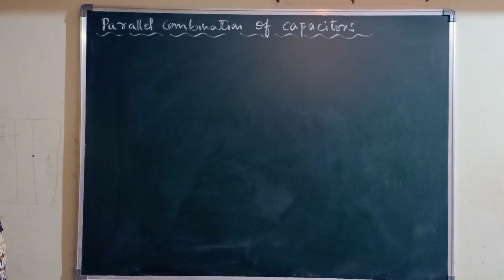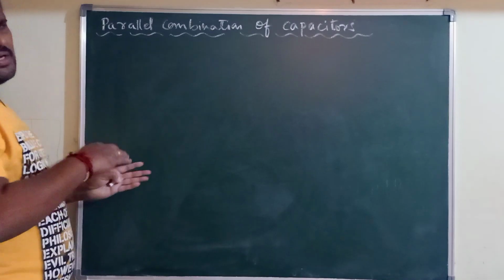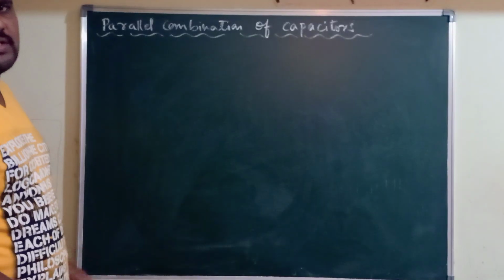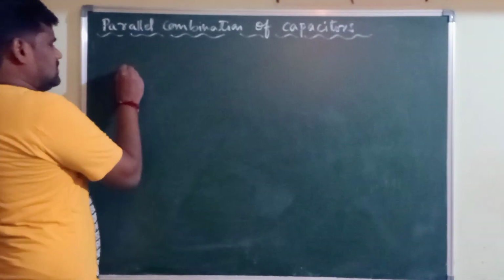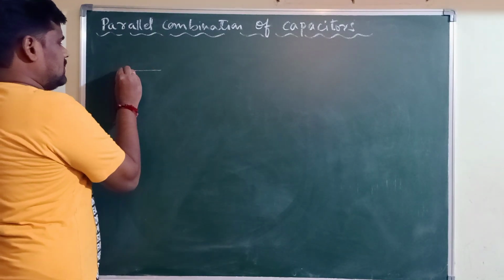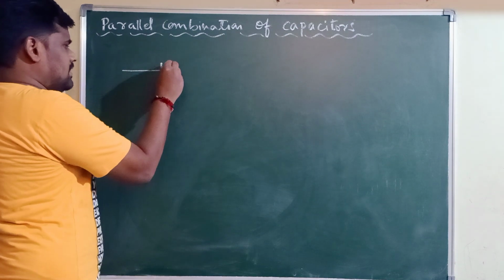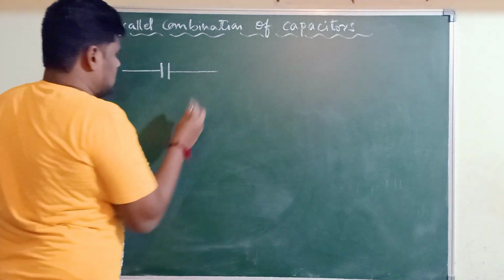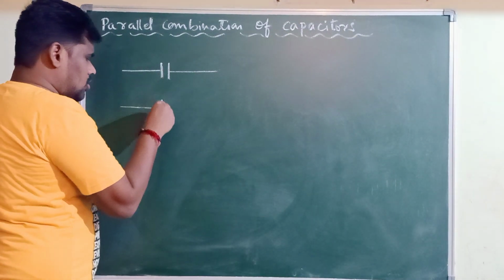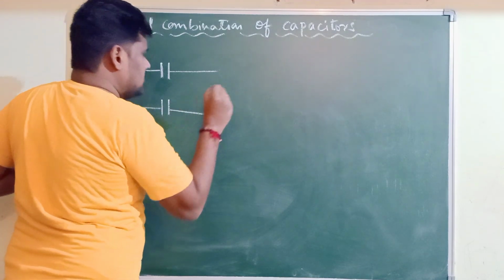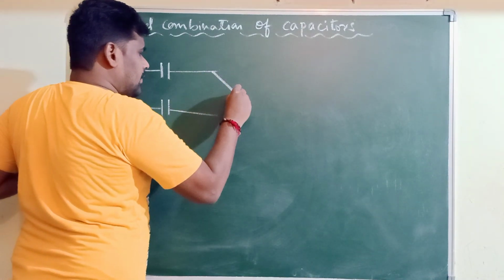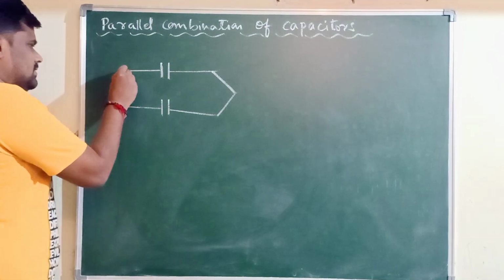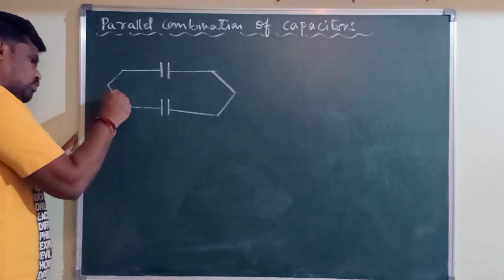I have 3 capacitors, or else you can take even 2 capacitors here. I have 2 capacitors. First capacitor of capacitance C1, second capacitor of capacitance C2. They are connected across 2 common points.